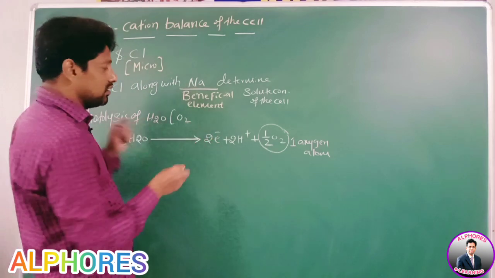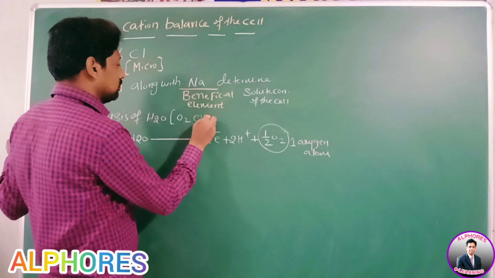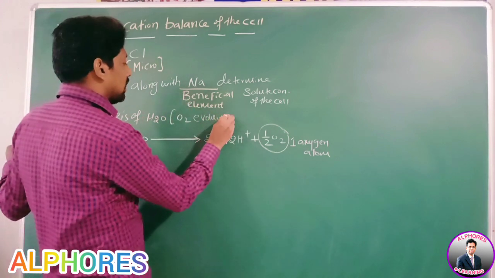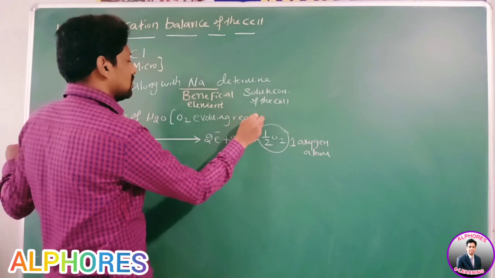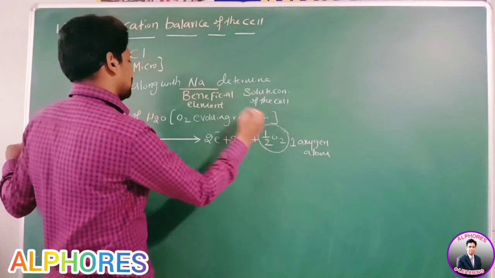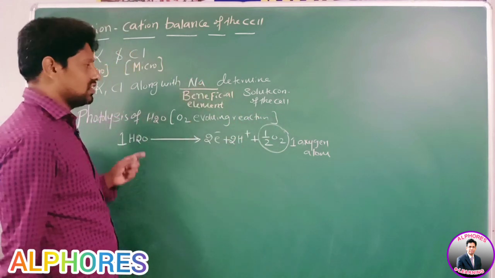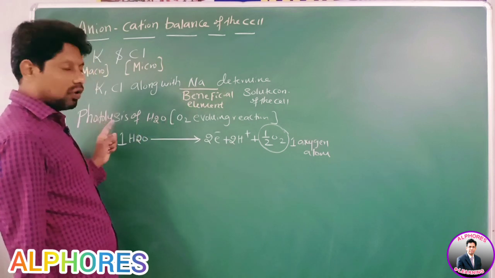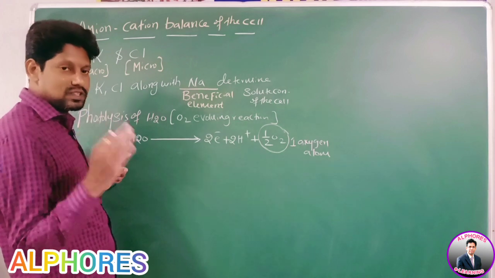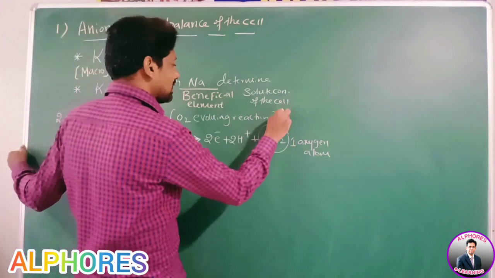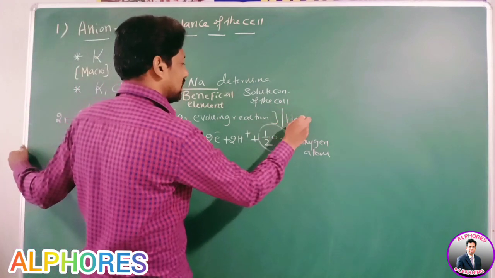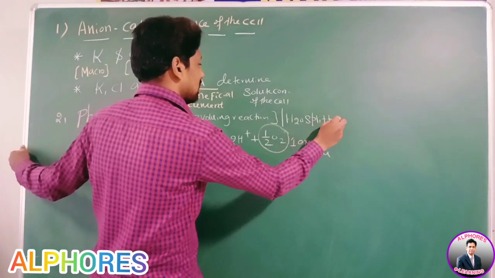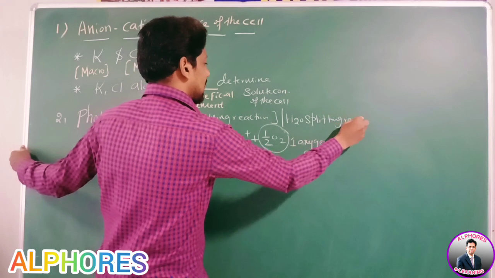So photolysis of water is also called the oxygen evolving reaction. In this photolysis of water, water is undergoing splitting, so it is also called the water splitting reaction.